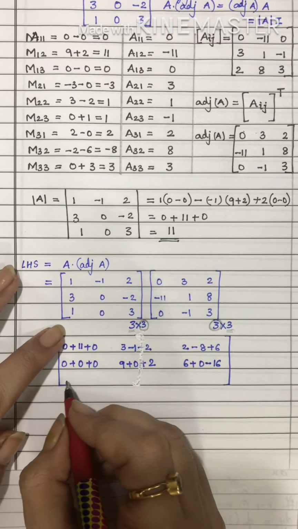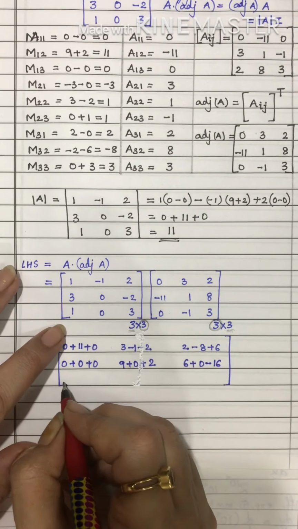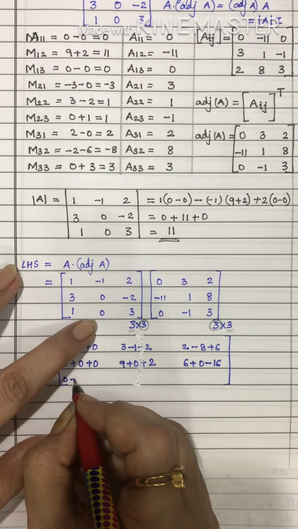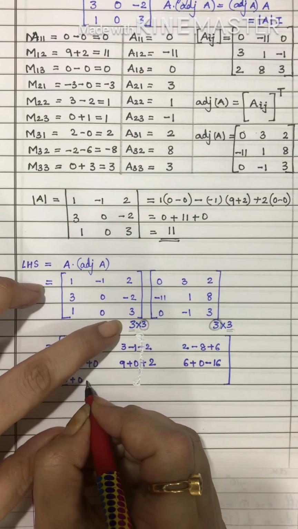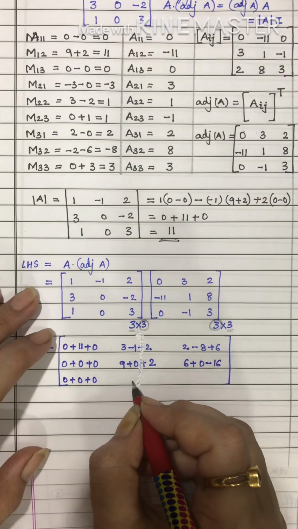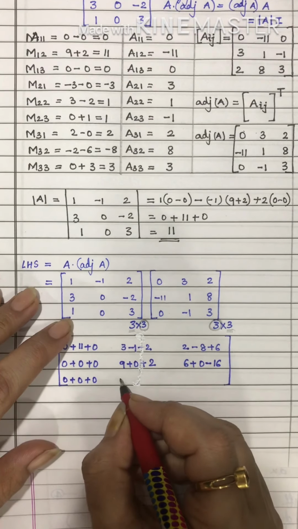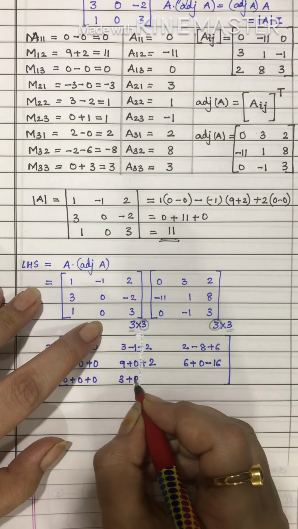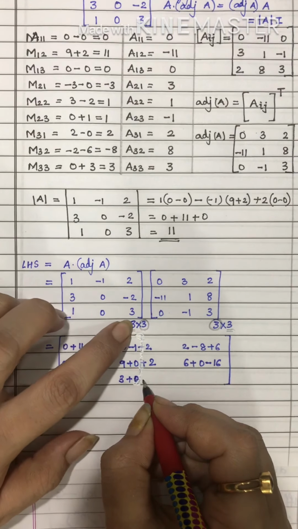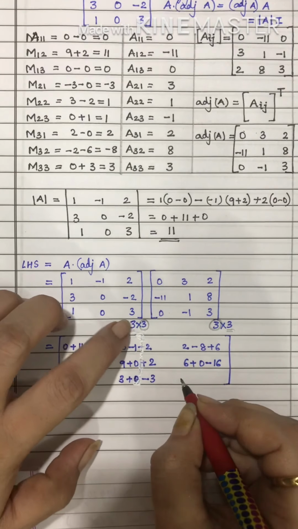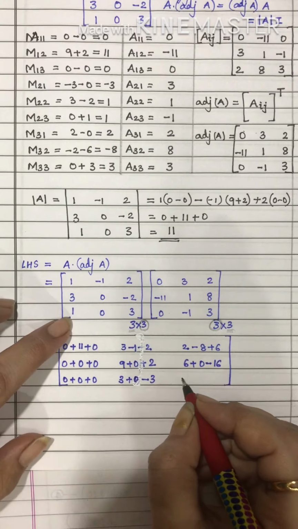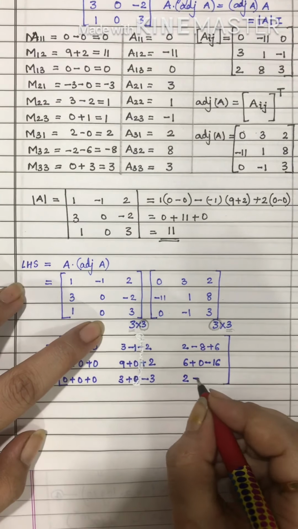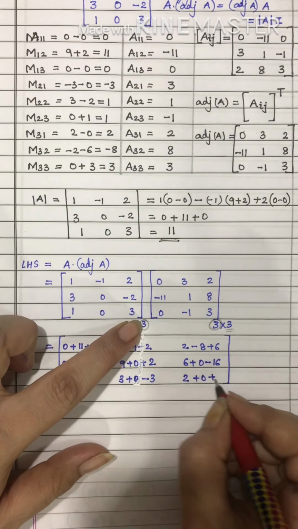Again here, this is third row, first column, so 1 into 0, 0, plus 0 plus 0. Then third row, second column, so 1 into 3, 3, plus 0, and then plus 3 into minus 1, that gives you minus 3. Then third row, third column, so 1 into 2, 2, plus 0 plus 9.